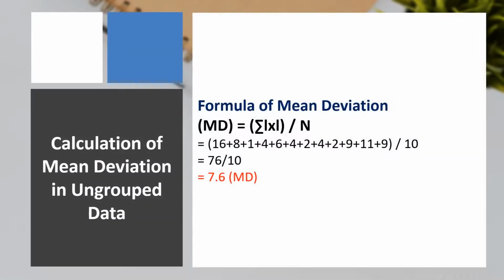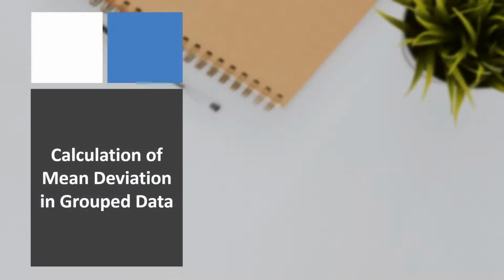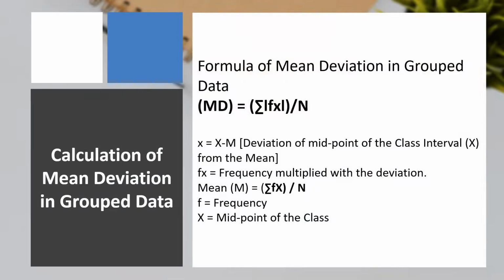The formula that you will use for mean deviation, MD, is equal to summation of |x| upon n. You see, on both sides of x, one line has been drawn. So that is called modulus. Modulus means irrespective of sign. So if in the deviation a negative sign comes, that negative sign will not be considered.